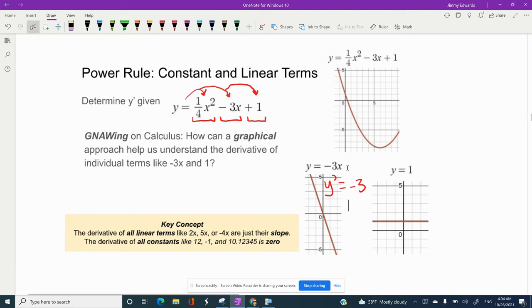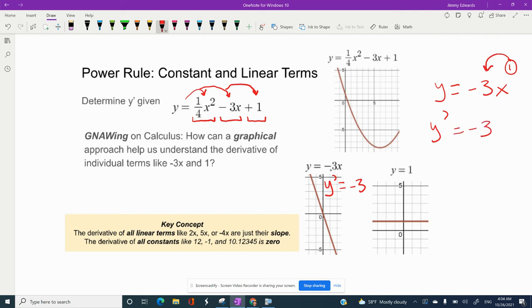Now, if you're wondering why this works, not only does it make logical sense because a derivative is a slope and the slope of this line is negative 3, but it also still works with the power rule. If we have y equals negative 3 times x to the first power, we take that exponent, bring it down, so that's negative 3 times 1, which is negative 3, times x to the 1 minus 1, which is 0.